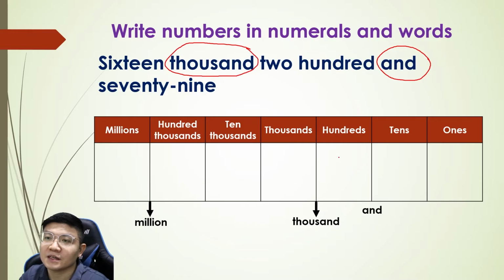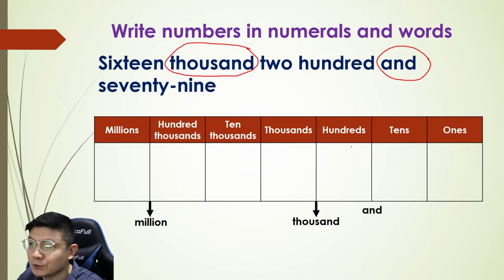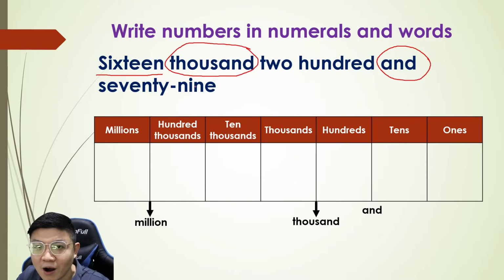Okay, so after you already circle these two, it's time to put in the value. You can put in the numerals already. Now, before 1,000, the keyword here, you see 16. Remember how you write 16 in numerals? Yes, 1 and 6, isn't it?